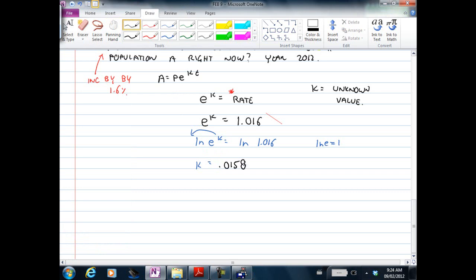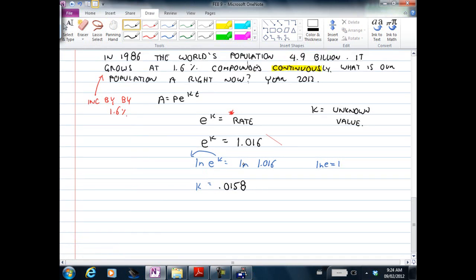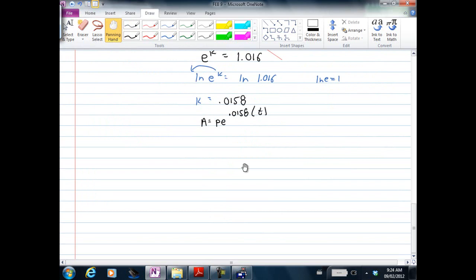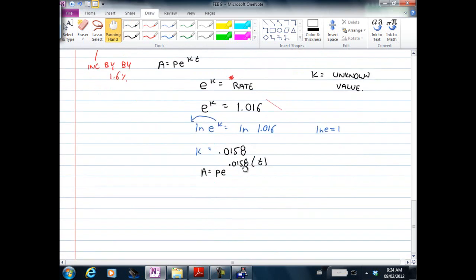So once you have K, I want you to go back into my formula and sub it in. A equals P E to the power of 0.0158 times T. Guys, gals, you have all the numbers you need now. Plug it in. You have the P value, which is 4.9.